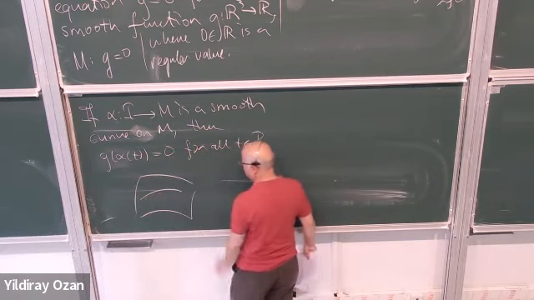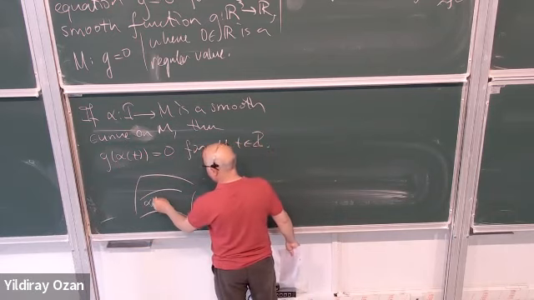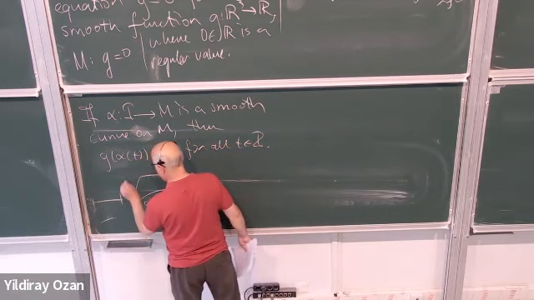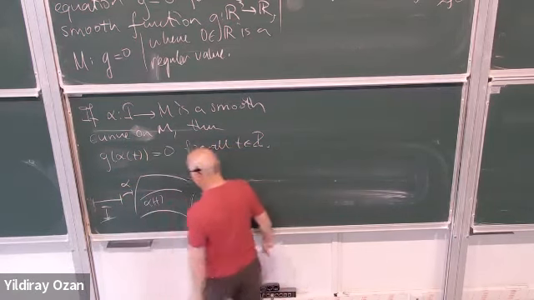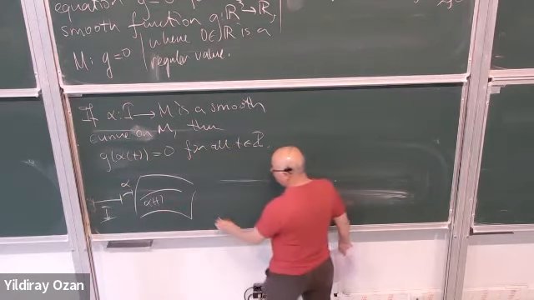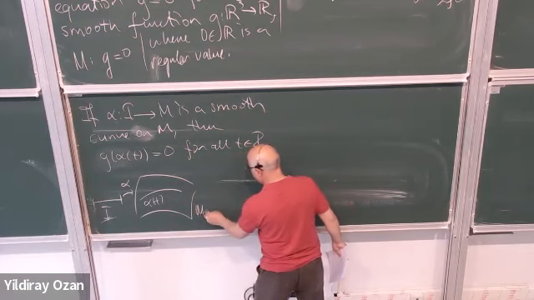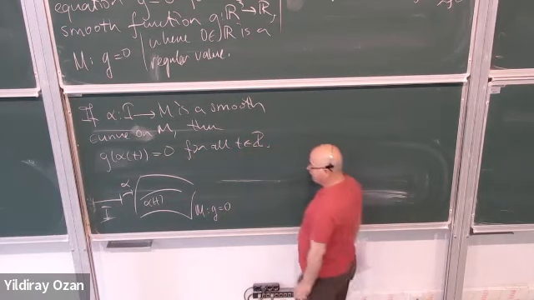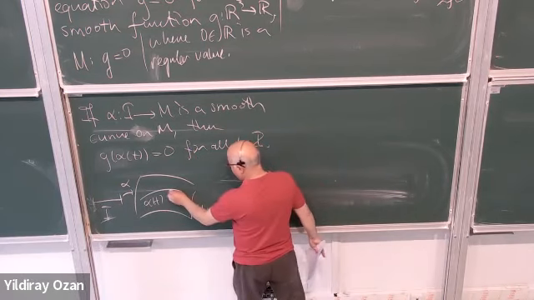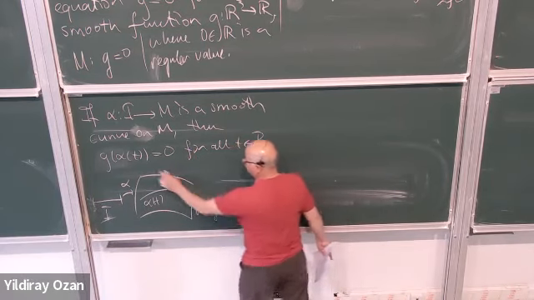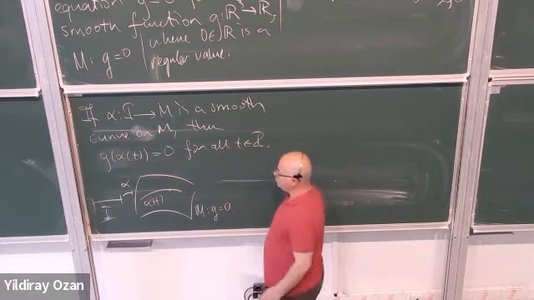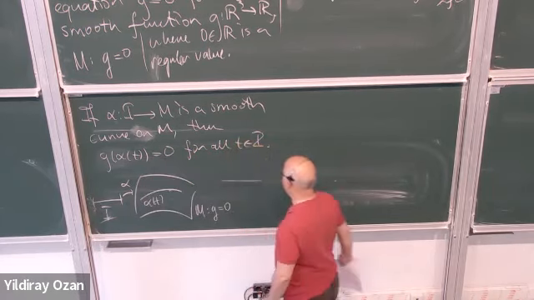So my curve is something like this, alpha t. This is a curve defined on some interval. And this is my surface M, which is described as G equals 0. So meaning that if you put anything on this surface, you should get 0. Alpha is on this surface, therefore G of alpha t is 0.